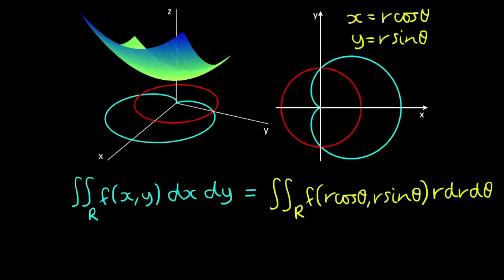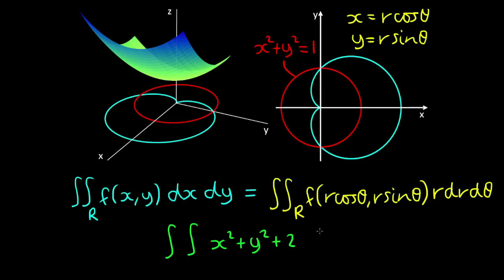So for example, if we were given a double integral of the function of this paraboloid being x squared plus y squared plus 2 over the circular region, so that's defined by this circle in Cartesian coordinates being x squared plus y squared is equal to 1, where the circle has a radius of 1.